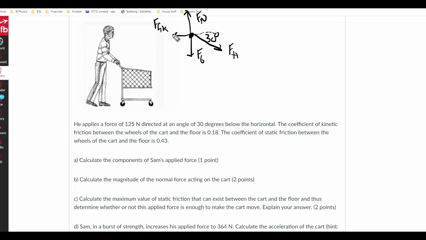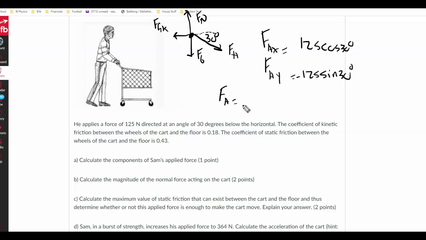That's what the FBD should look like. To find the components of Sam's applied force, you just use trig. The applied force has a magnitude of 125, so FAX would be 125 cosine 30 degrees, and FAY is going to be 125 times sine 30 degrees, but it is going to be negative because the y component of this applied force is going down.